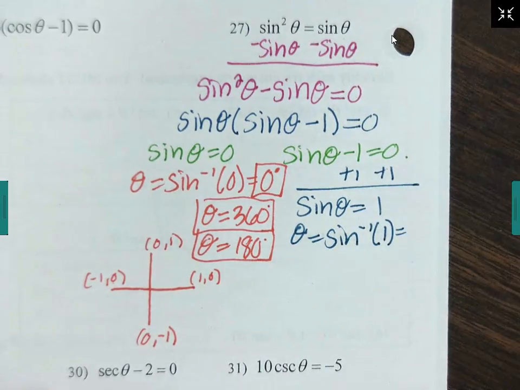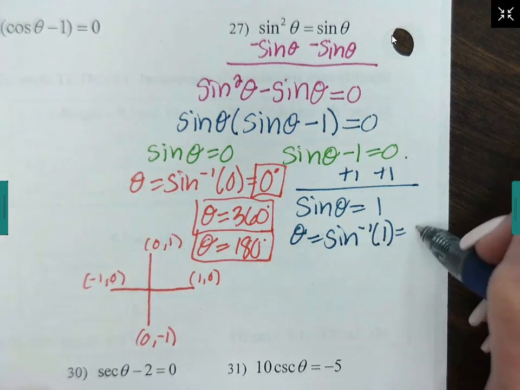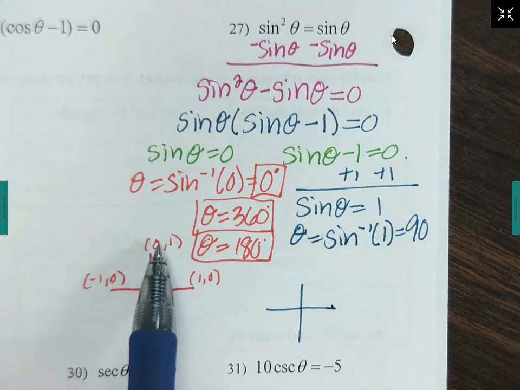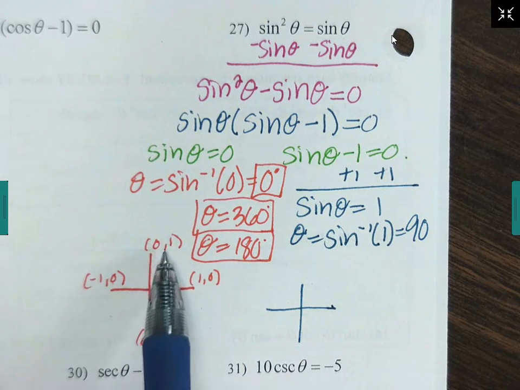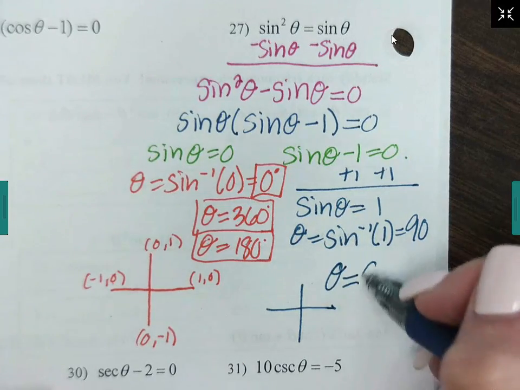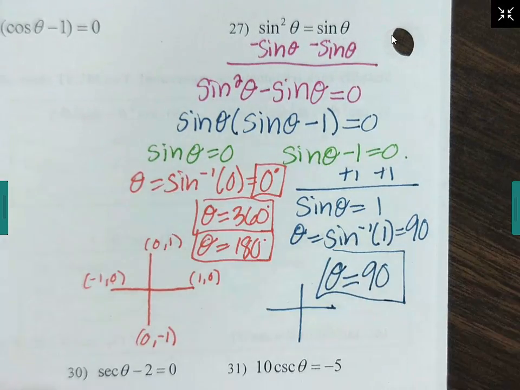And what is this equal to? 90. We don't need to redraw it because we can look over here, but as you see, 90 degrees is going to be theta. When theta is 90, that's the only place where our sine is going to be equal to positive 1.